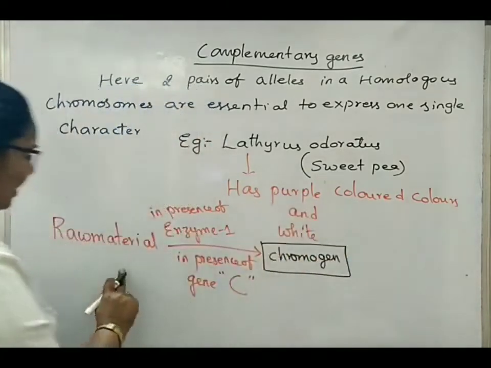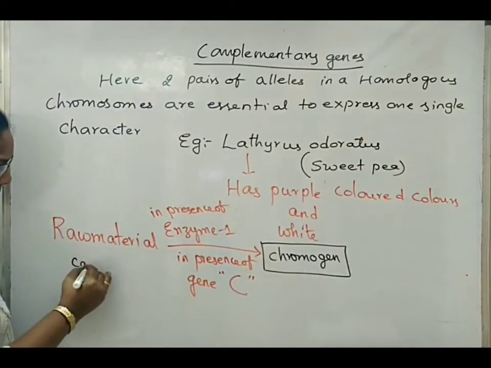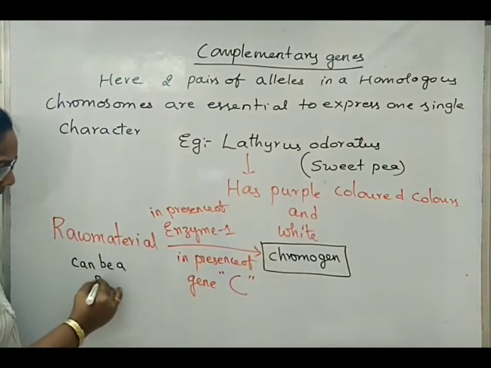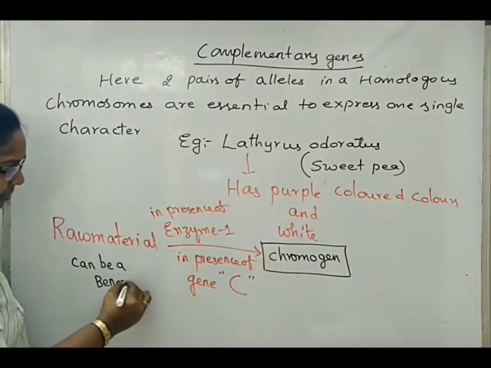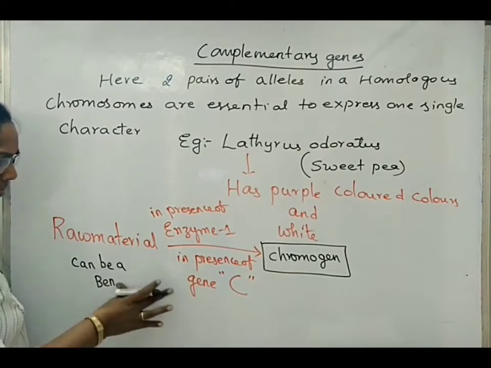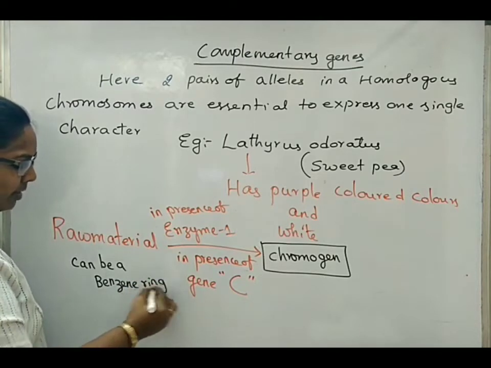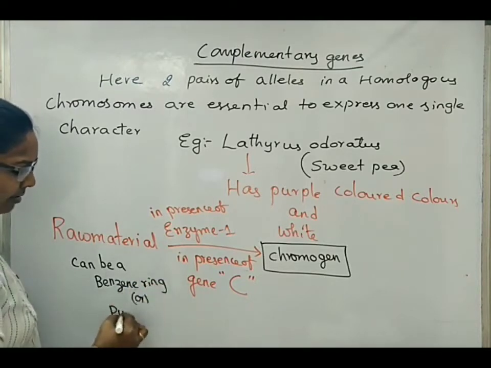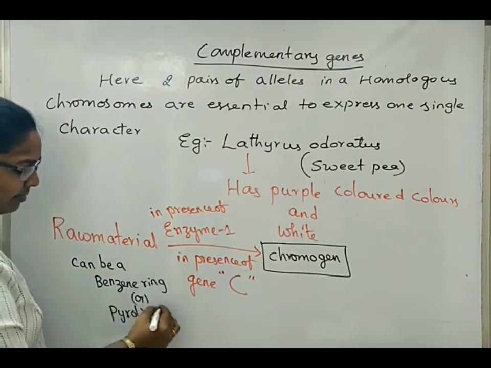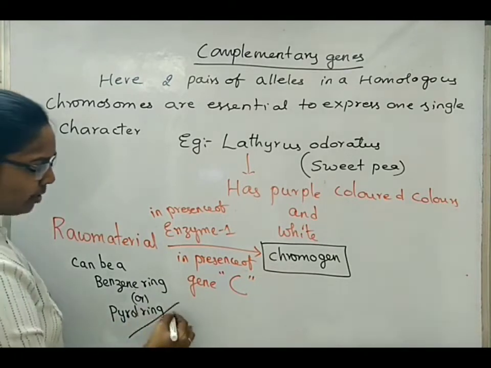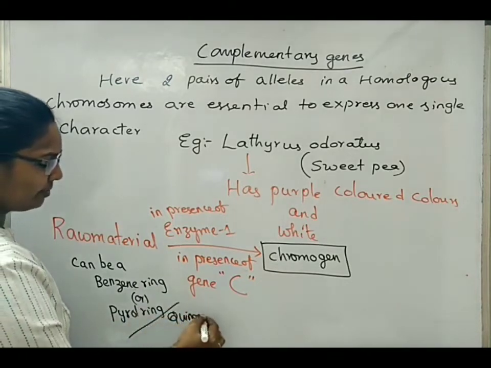Now, the raw material can be a benzene ring, or pyrrole ring, or can be quinone, etc.